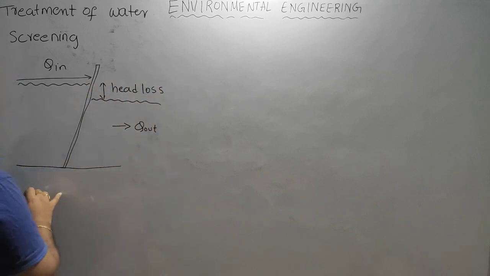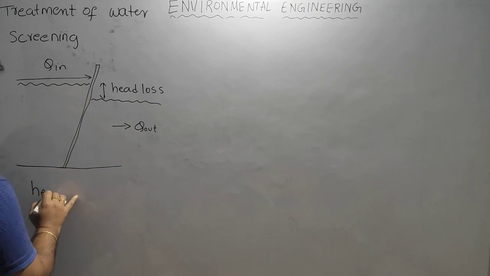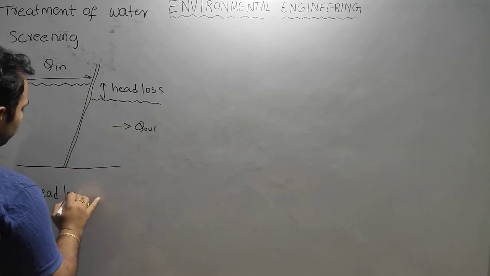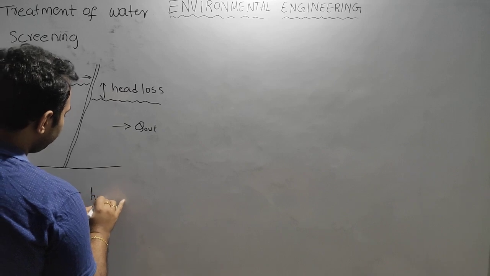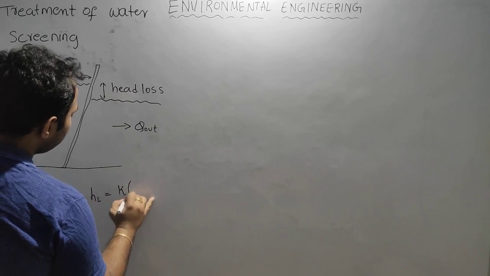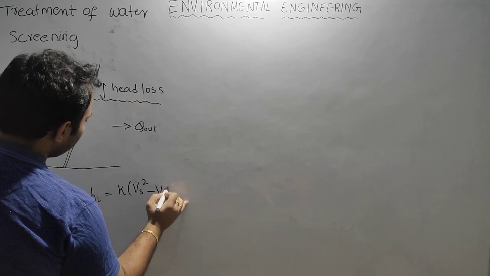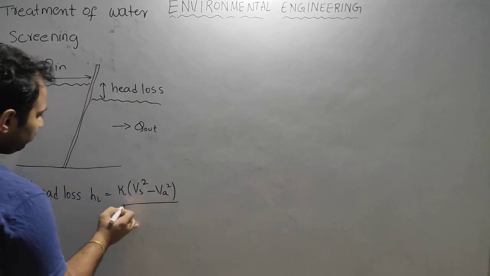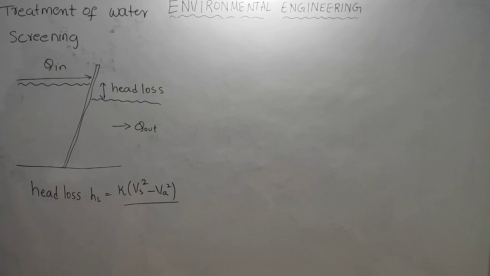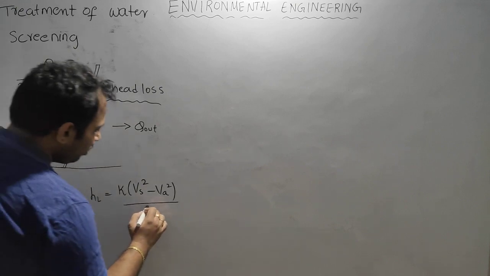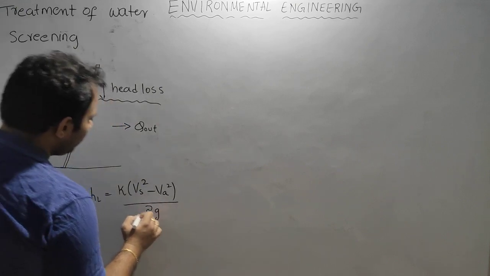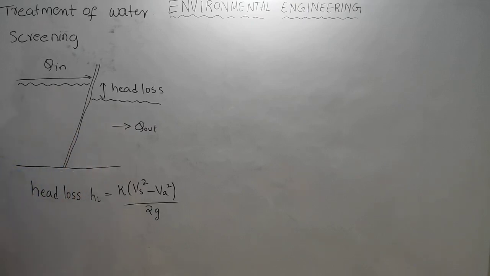This head loss is equal to K into (Vs square minus Va square) by 2g. Okay, Vs is the velocity through the screen. That means Vs is the velocity on the downstream side.